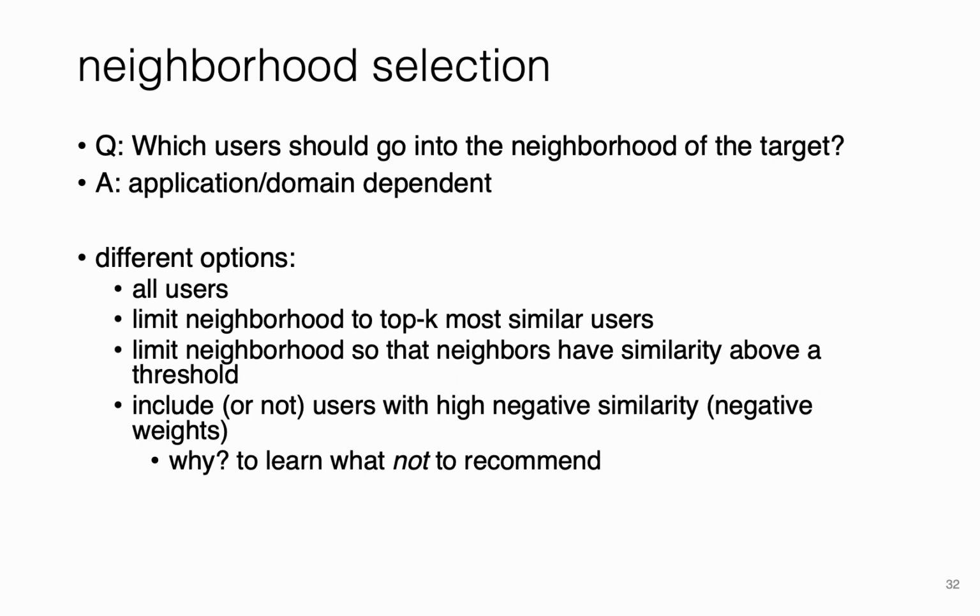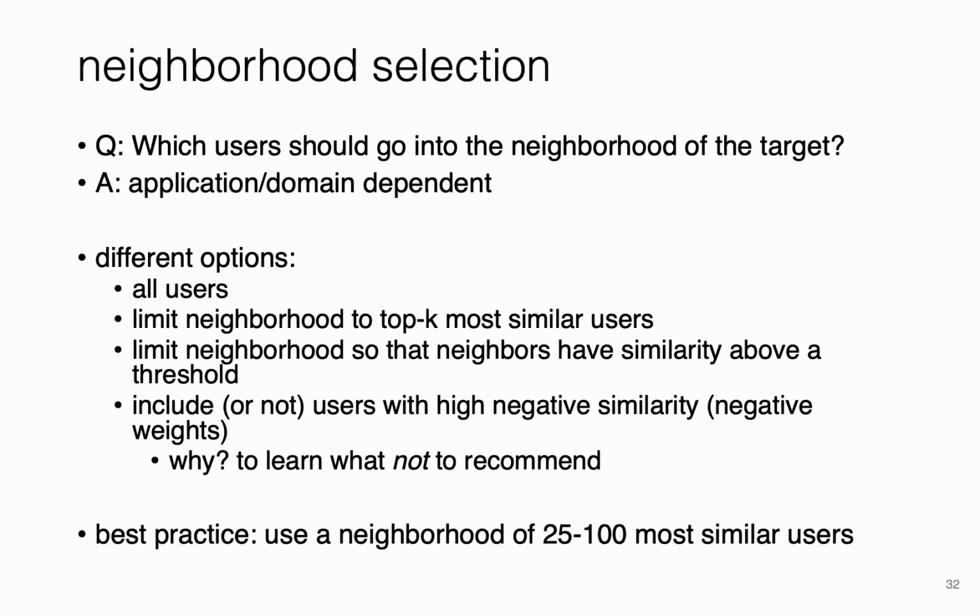We can set a similarity threshold and then get only users above that threshold. Then there is the question of whether to include users with negative similarity so as to learn what not to recommend. A gold standard is to include a fixed size neighborhood of maybe 25 to 100 users.